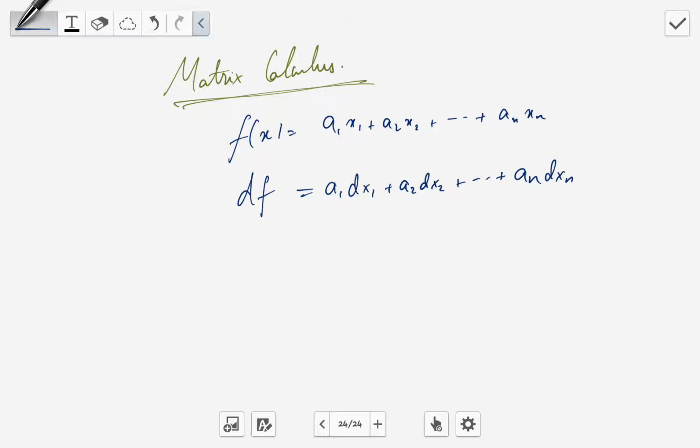So how are you actually doing this? You are actually taking x plus dx and subtracting f, right?